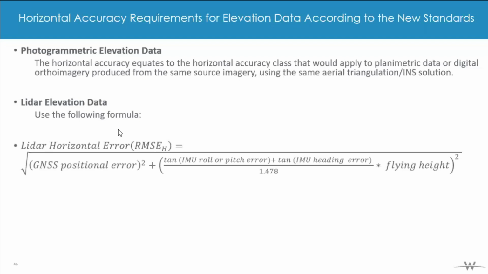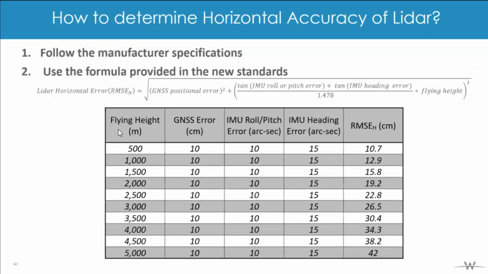We have a formula to calculate the horizontal accuracy for elevation data. And how do you determine the horizontal accuracy of LiDAR? There are two ways, our suggestion. It is hard to verify the horizontal accuracy in the field, unlike vertical checkpoints, for example.